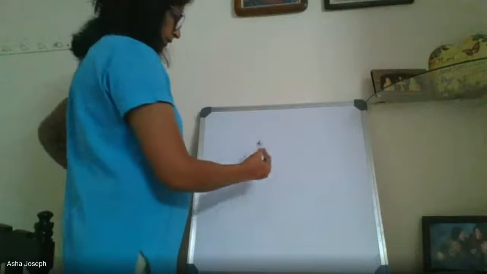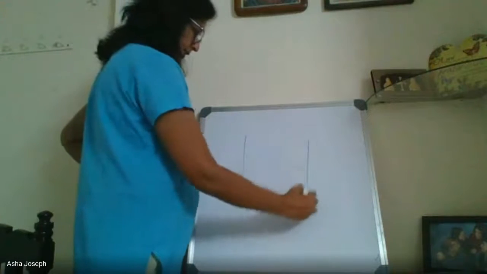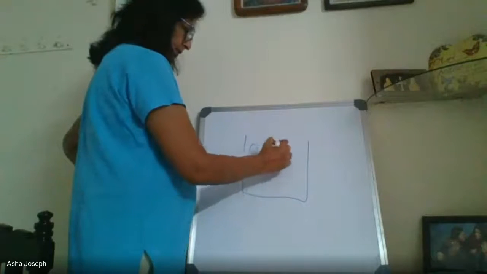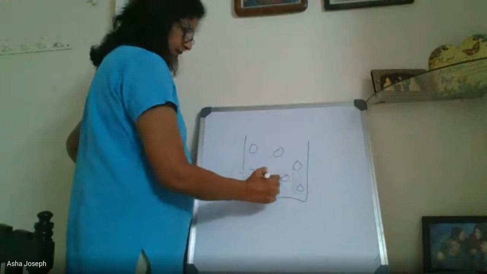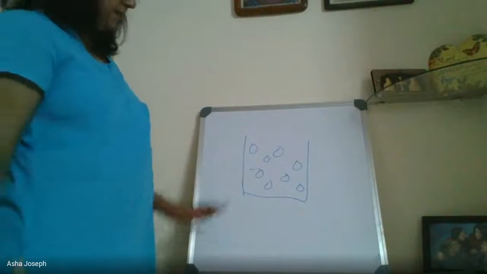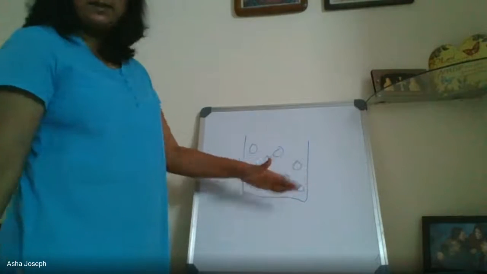Okay, so I'm taking a colloidal solution. You know that the particles are dispersed; that is what makes it a colloid. If they settle under gravity, it is not a colloid.